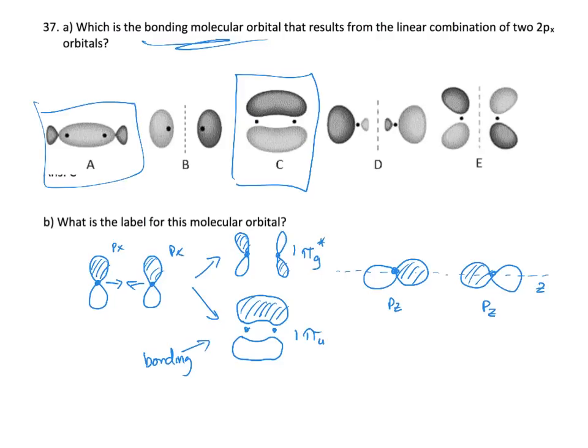So the z's form end-to-end overlap to give you orbitals like A, which is a sigma, and the px and the py meet side by side to give you pi orbitals like C.